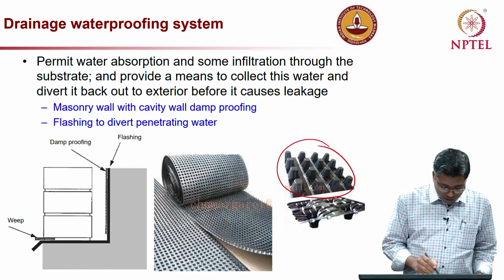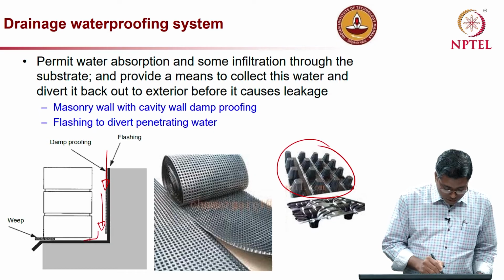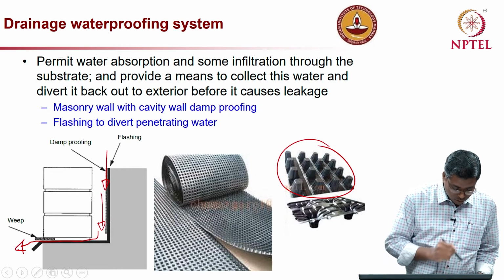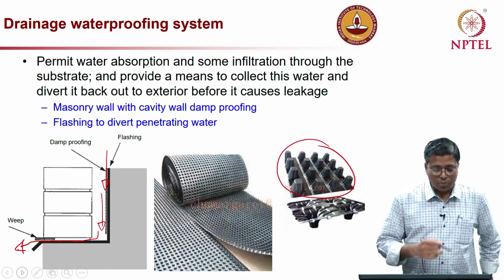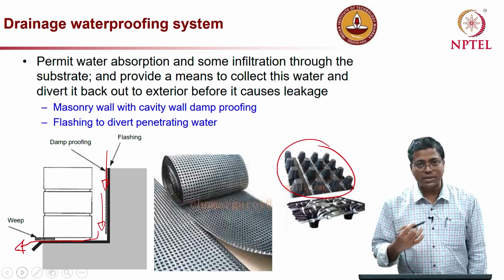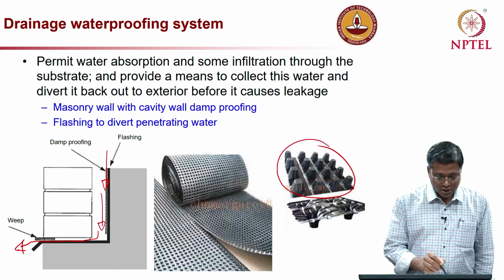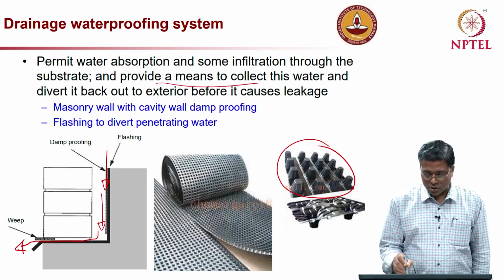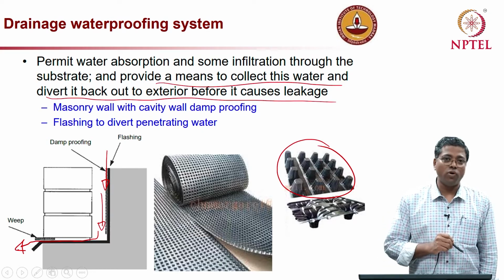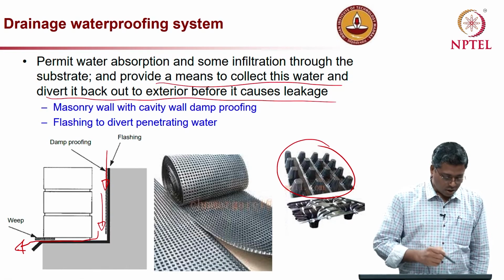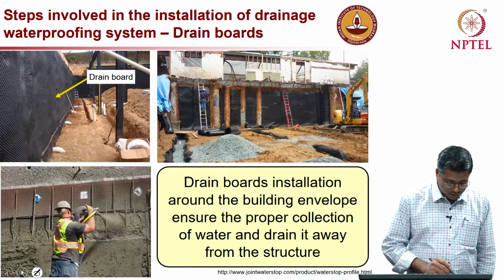The idea here is you have water which can flow like this, and you can just take it out of a weep hole which is provided. So, it permits the water absorption and some infiltration through the substrate and provides a means to collect this water and divert it back to the exterior before it causes leakage or before it enters the building.